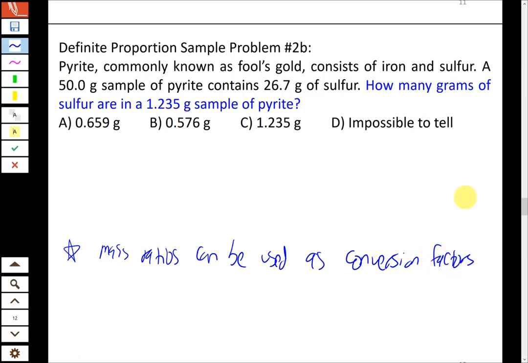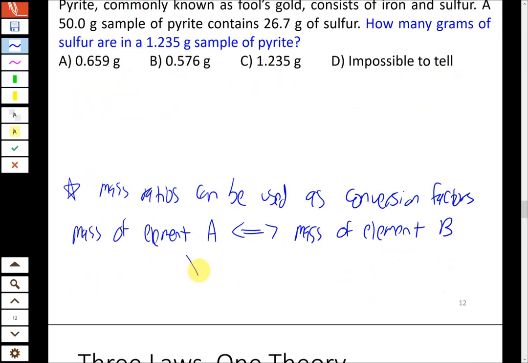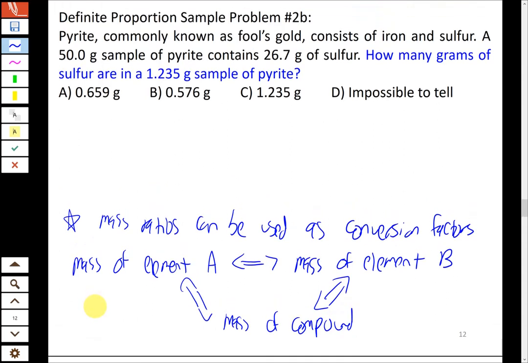All right, so if we know the mass of one element in a compound, we can build up a bunch of conversion factors that allow us to figure out the mass of another element in that compound, or the total mass of the compound. So basically all of these are related to each other and can be stated as ratios. All right, so that's the approach we're going to use here.